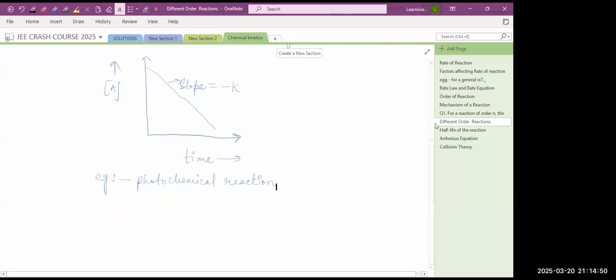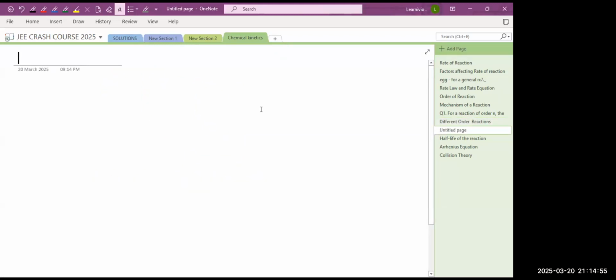Okay, next one, your first order reaction. In the first order reaction, the rate is directly proportional to the concentration of reactant.